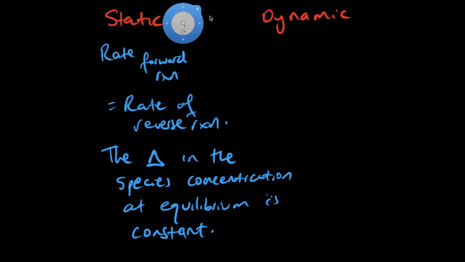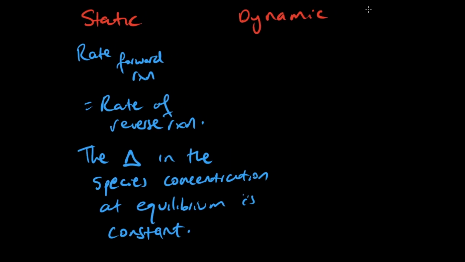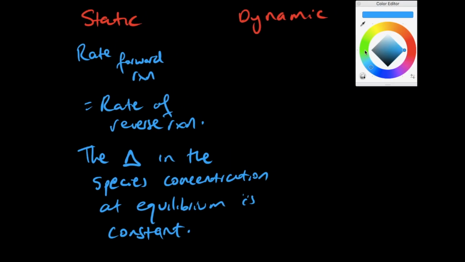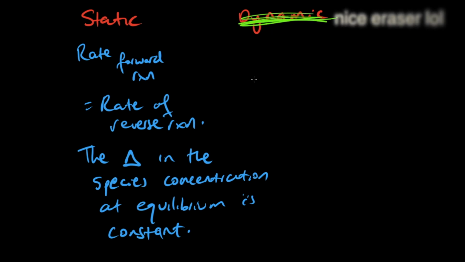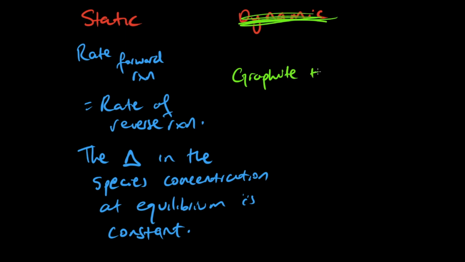But we've got to look into one example of static equilibrium now. So what is an example of a static equilibrium? Let's have a look at this. Let's erase this. So it's graphite to diamond.